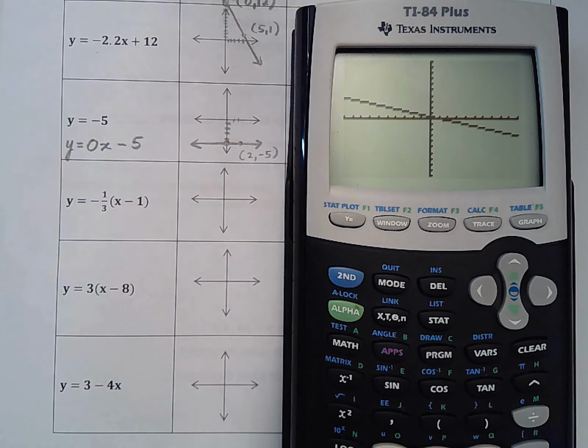We'll talk about that right away. That's negative 1/3 of 1. Okay, so what's the rule? How do I know when to press a negative sign or when to press the minus sign?